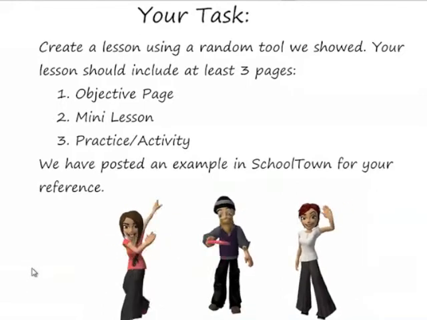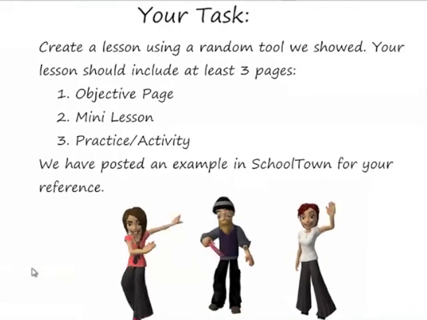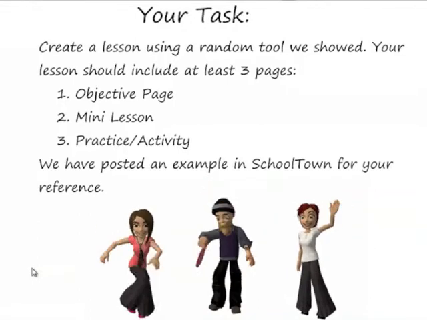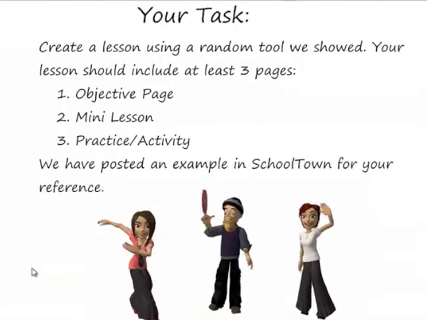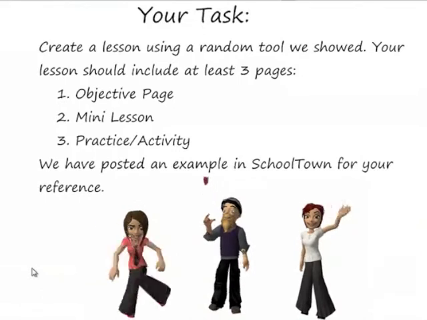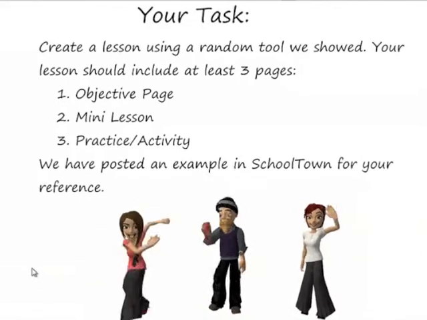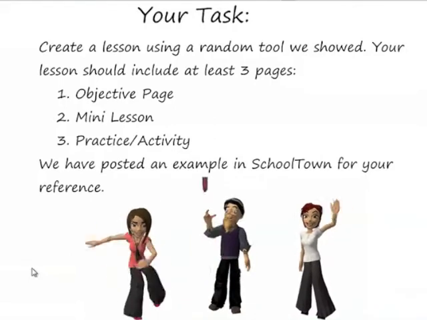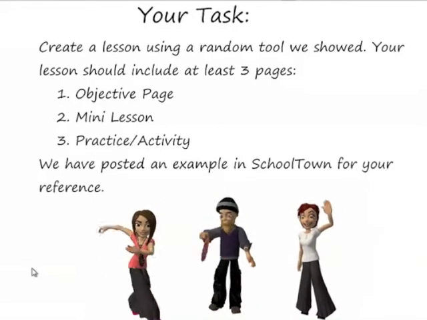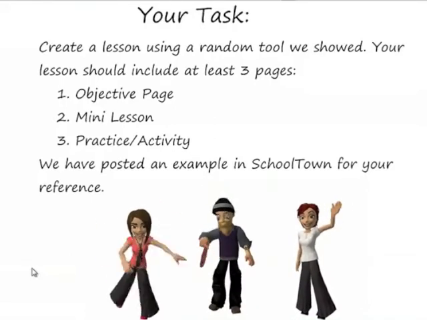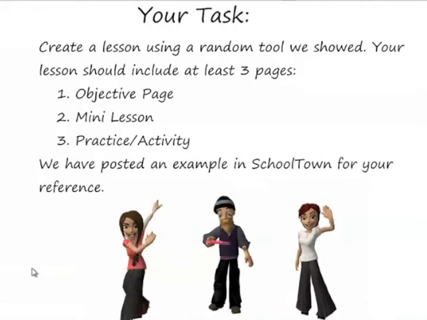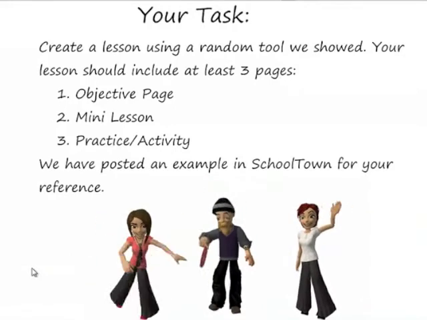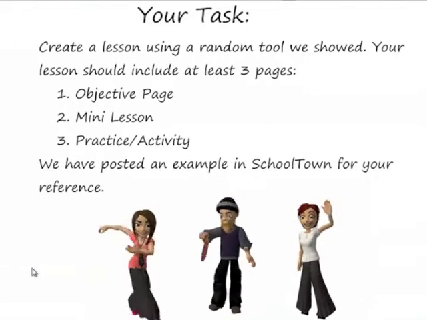You can go to town, you can have more, especially if you're a math teacher like me and you have a couple pages of problems to practice as a group, and so forth. But we want you to have at least an objective page, a mini lesson, and a practice or an activity page, and at least one random tool in there. The random tool may be on your mini lesson, it may be on the practice. It doesn't matter. It may be on both. It's up to you.